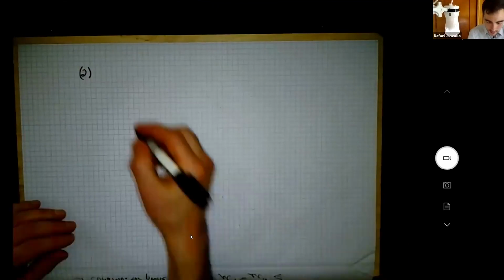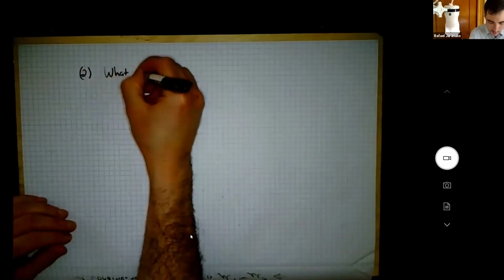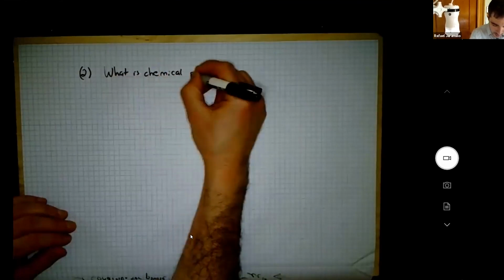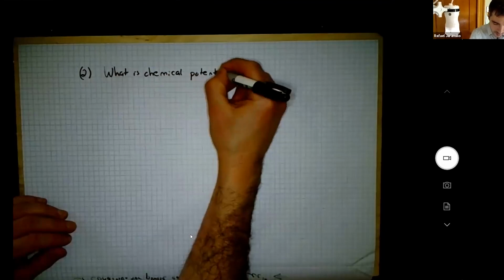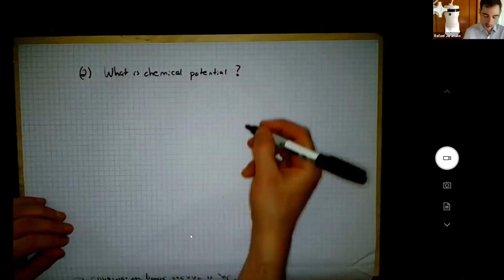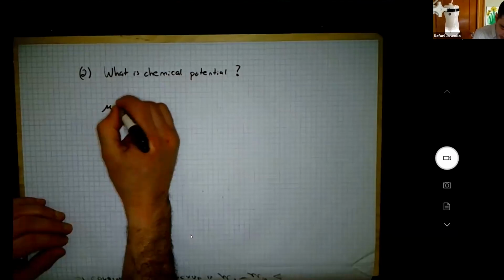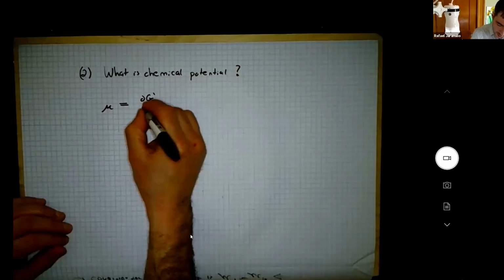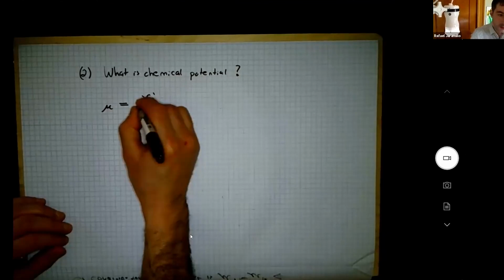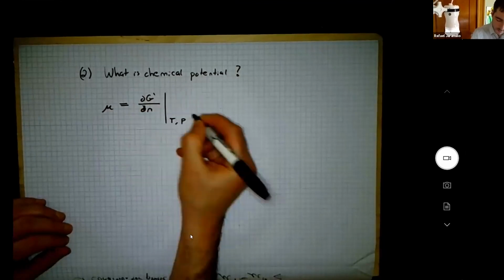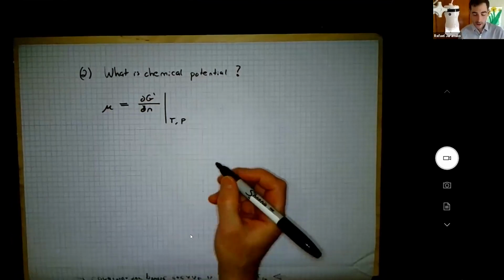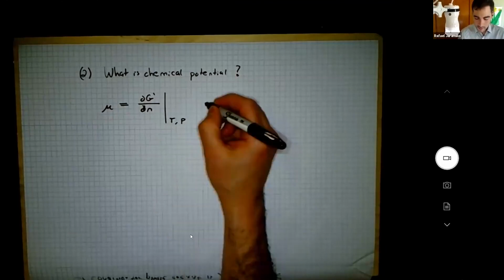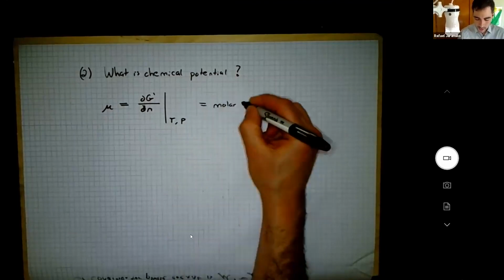Okay, what is chemical potential? What is this mysterious thing that's so important? Well, first of all, just a reminder, chemical potential is the partial of Gibbs by mole number at fixed temperature and pressure. In other words, it's the molar Gibbs free energy.